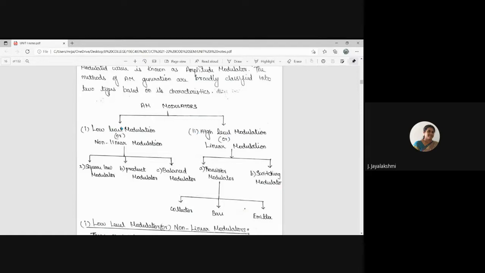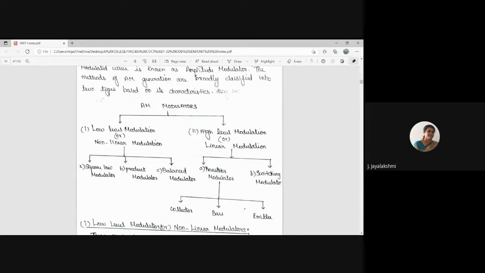The other name for low level modulation is non-linear modulation, and high level modulation is said to be linear modulation. Under low level modulation schemes, there are three types of modulation possible: square law modulator, product modulator, and balanced modulator. So these are the three types of modulation techniques. We can generate an AM signal in a non-linear fashion.